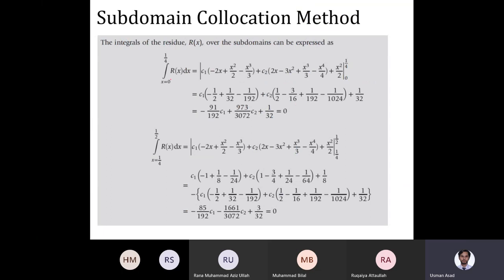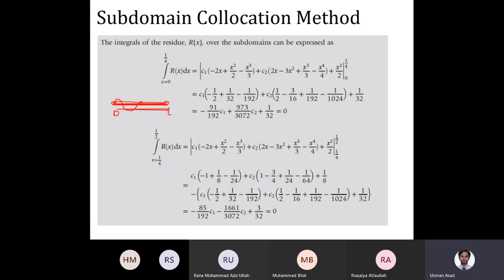Okay. The next method is the subdomain method, in which we are saying that between 0 and 1, we want to ensure that the integral of the error between 0 and, let's say, 1 by 4 is 0, and between 1 by 4 and half is also, let's say, 0.